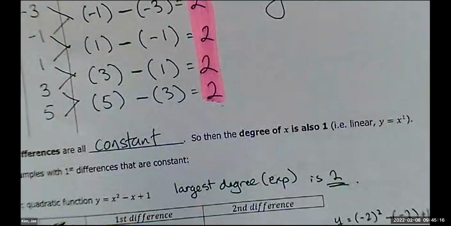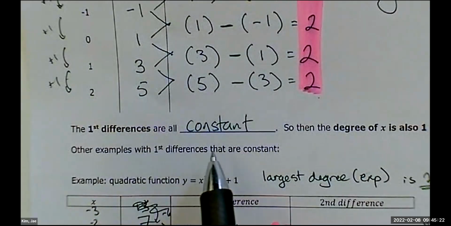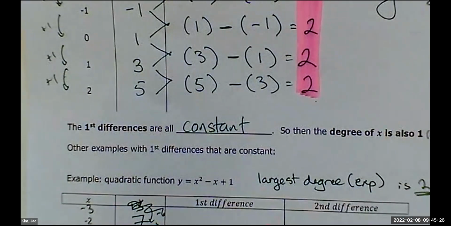So, some examples, something that I did not do. It wrote other examples with first differences that are constant. What are finite differences for?